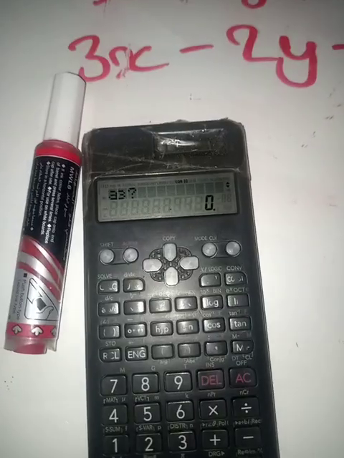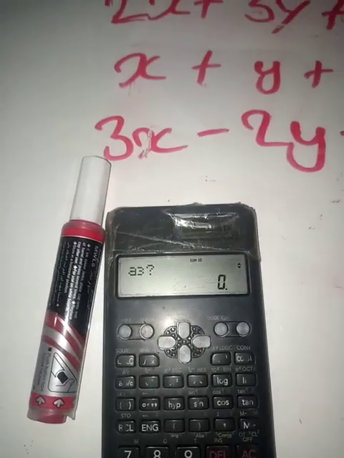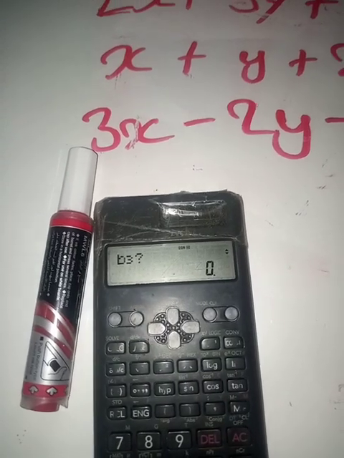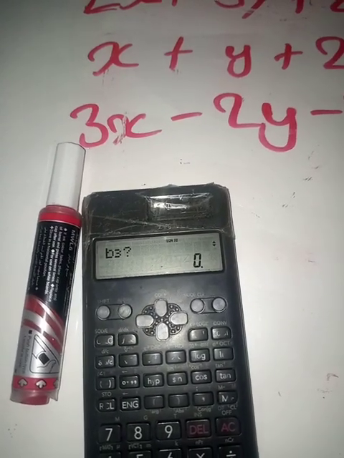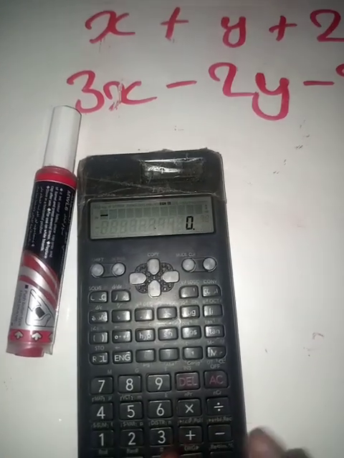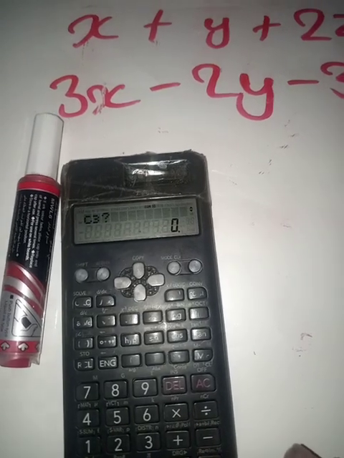So we're going to input. What are we having there? We're having 3, and then equals. What are we having next? We're having -2. In writing this -2, we first write negative, then you go on 2, then again equals.